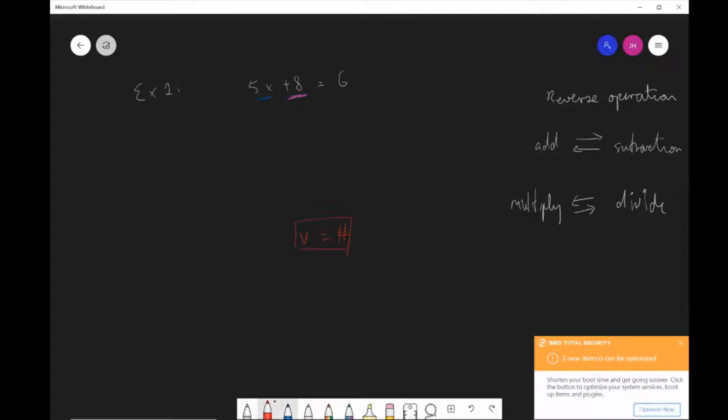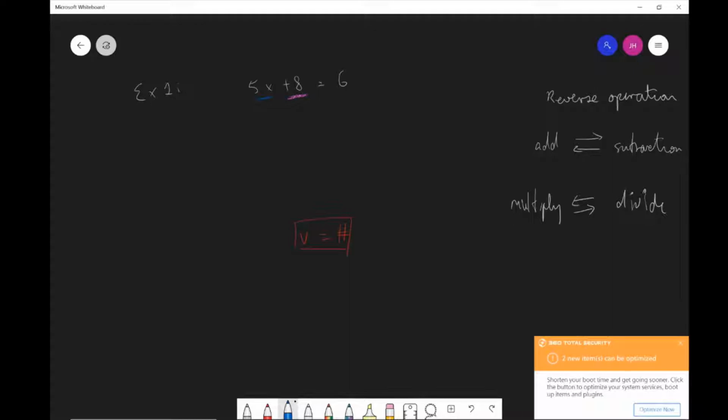In this case, it is unlike what we learned about PEMDAS, where you have to focus on multiplications, divisions first, then subsequently you get to additions and subtractions. No, in reverse operations, everything has been reversed. So when you have combinations of additions, subtractions, multiplications, divisions, you should focus on addition, subtraction first.